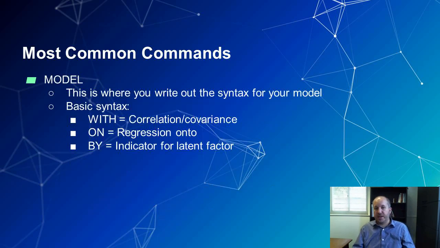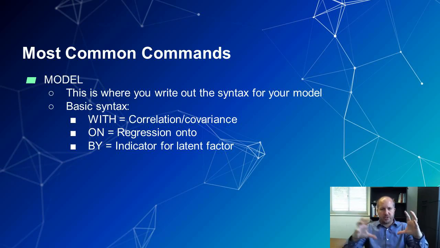Model is where you actually write out the syntax for what your model is. And you're basically going to just use 3 syntax, with, on, and by. So with means create a correlation between these 2 variables. On means regressed onto. The way I was taught this is that it's like Chinese, so you're going right to left.